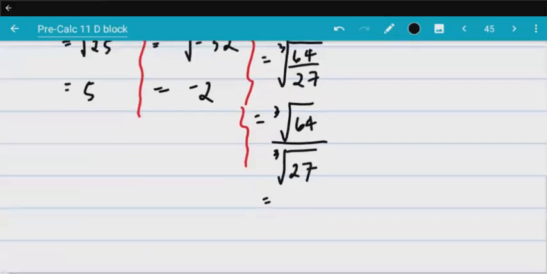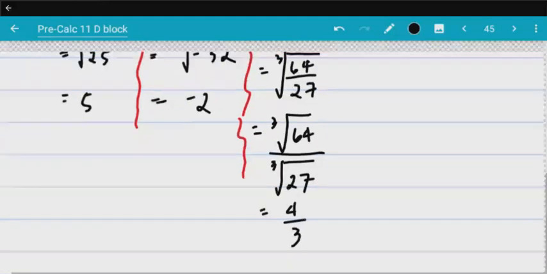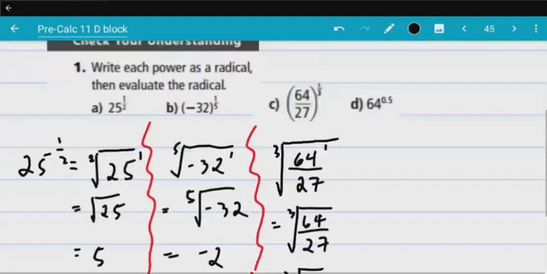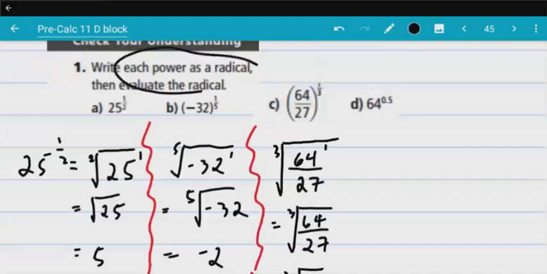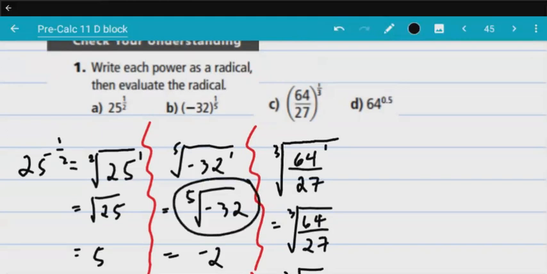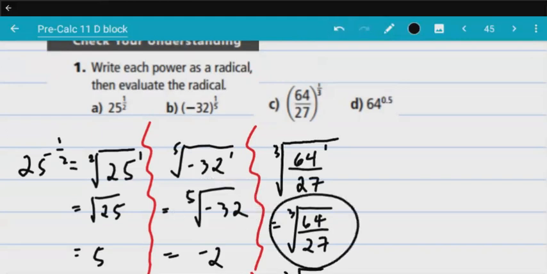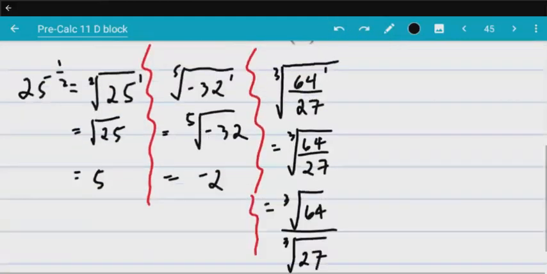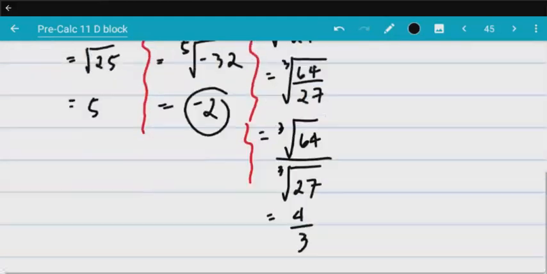The cube root of 64 is 4, and the cube root of 27 is 3, and there's your final answer. So once again, to write the power as a radical, this is the answer for letter B, this is the answer for letter C. When you evaluate them, this is the answer for letter B, this is the answer for letter C.